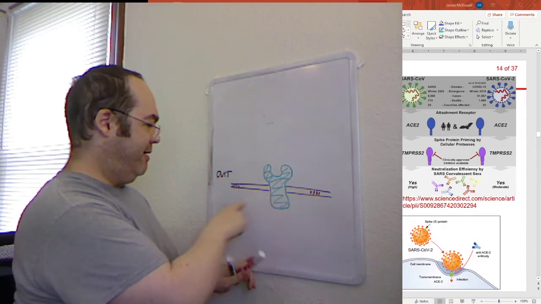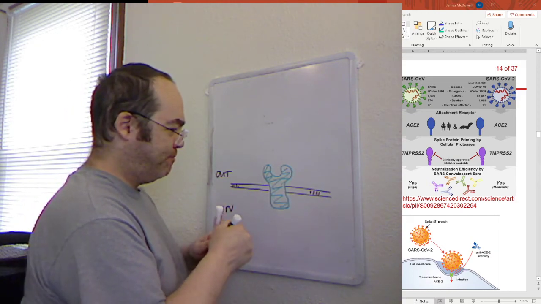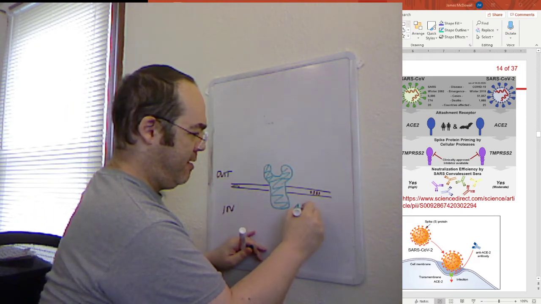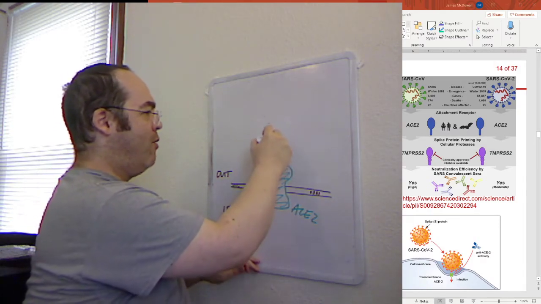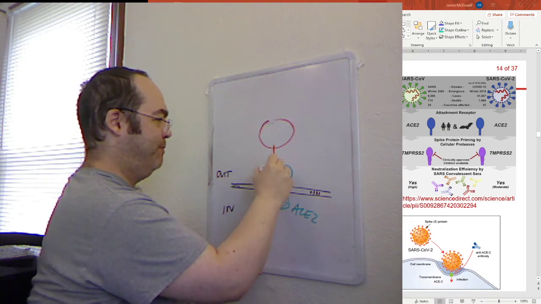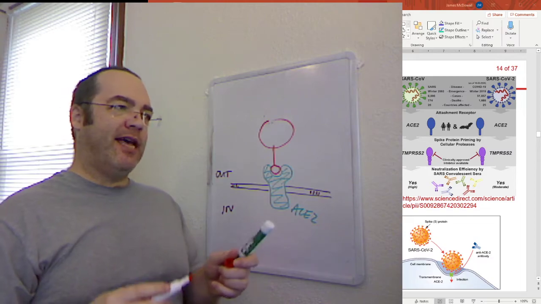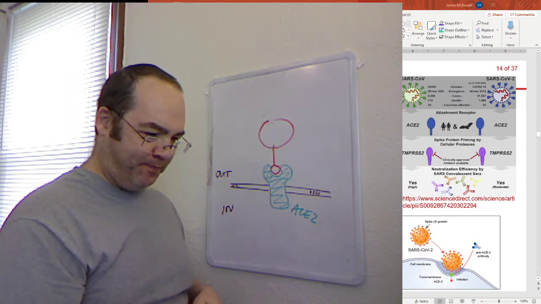So here's our membrane, it's inside the cell, it's outside the cell. This is our ACE2 protein, and our virus has a spike protein that fits nicely into the ACE2 and allows the virus to stick.